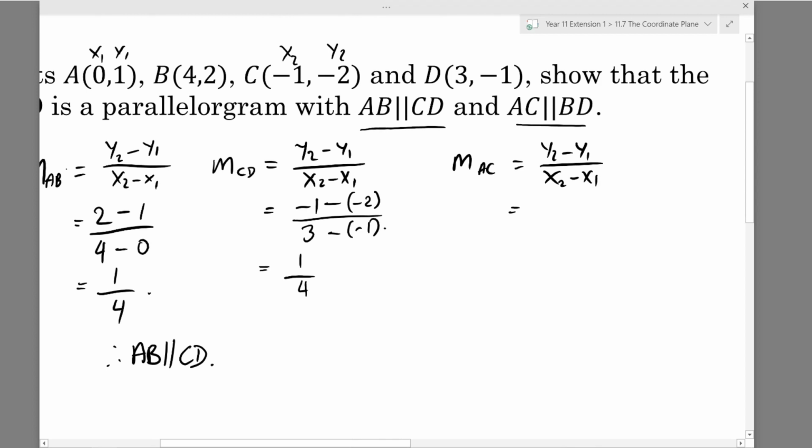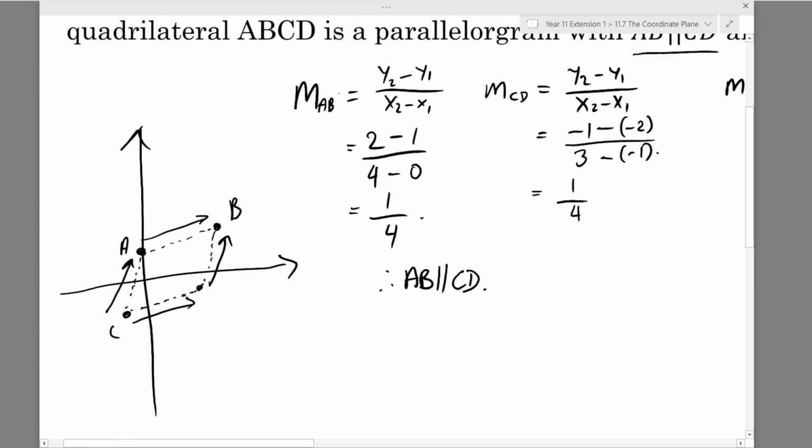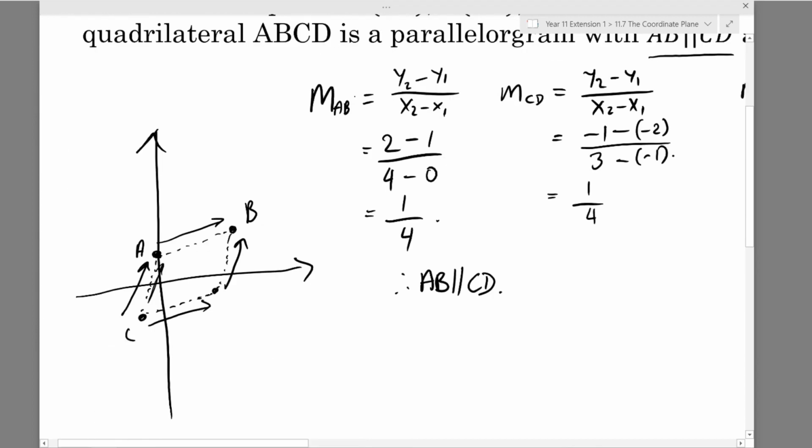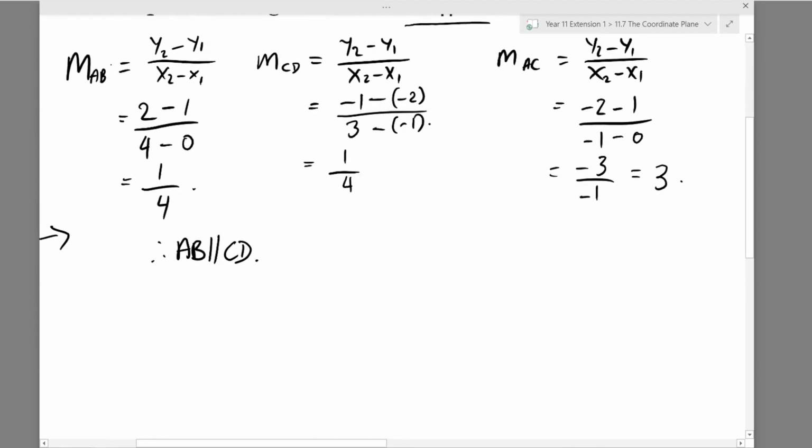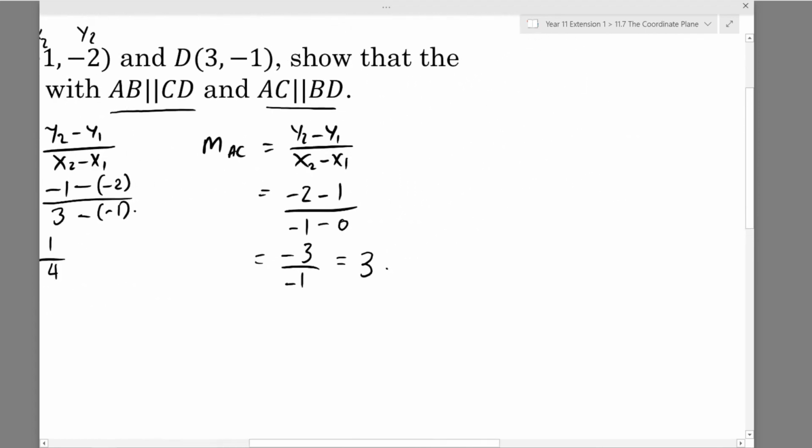I'm just going to do that every single time, so I demonstrate that I understand that I'm finding the gradient. y2 minus y1, so that's -2 minus 1 over -1 minus 0. -2 minus 1 is -3 over -1, so that is just equal to 3. Okay, and if we have a look at our picture, we can see that AC is over here, and it's kind of steep. So back over here, we've done M of AC.